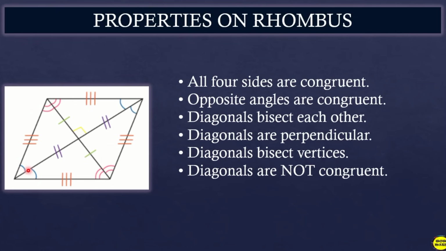Next, diagonals are not congruent. Okay? So, etong diagonals natin, pag ginamit siya as bisector, nakakabuo tayo ng dalawang equal angles. Pag nag-bisect rin sila sa isa't isa, ng dalawang diagonals, nagkakaroon ng dalawang congruent segments.